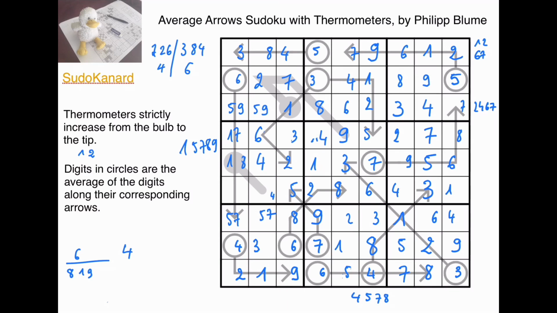So this is a 1, that's a 4, that's an 8, and this is obviously a 9. And this is a 7. Oh, I see. Without this thermo, there would be some deadly pattern with those cells. Okay. So this thermo is there to ensure uniqueness of the solution.